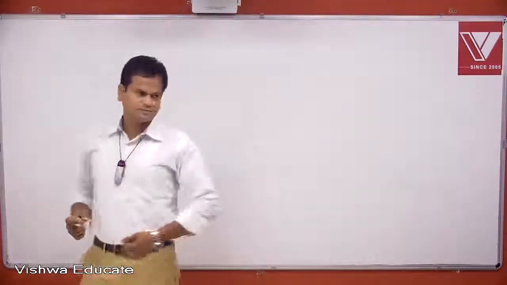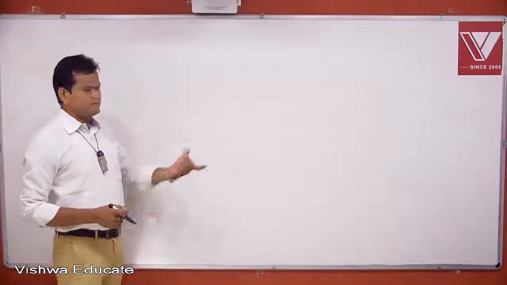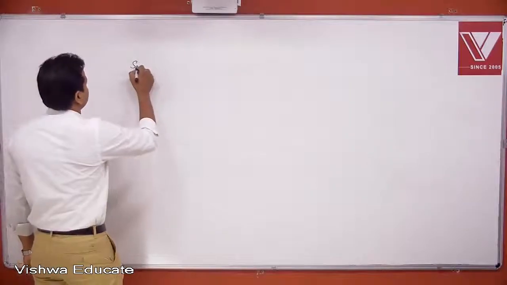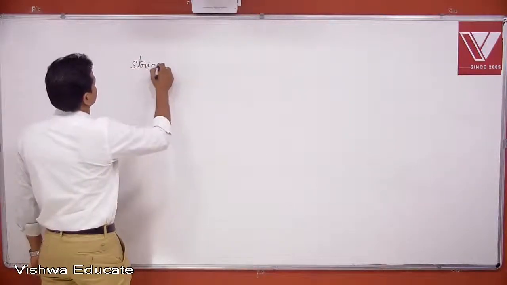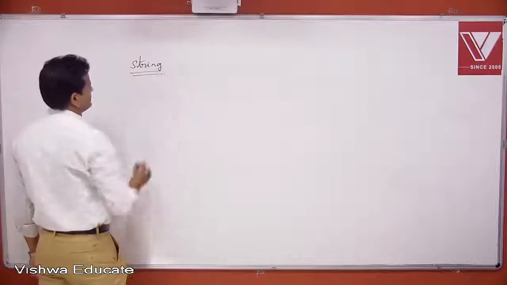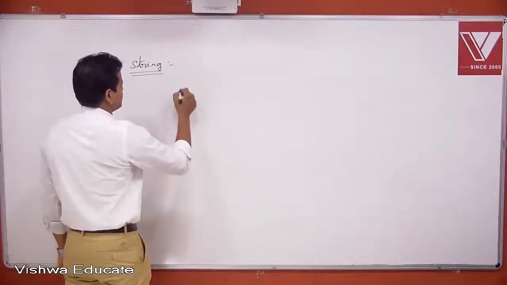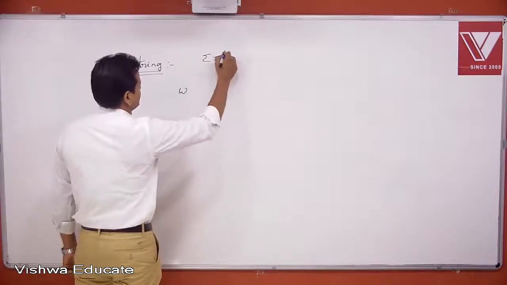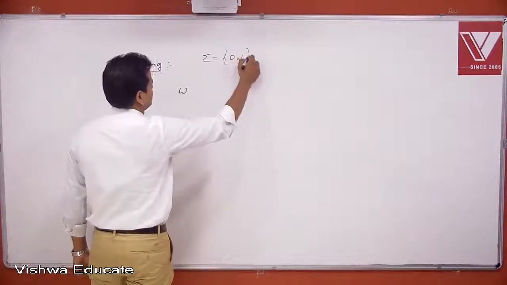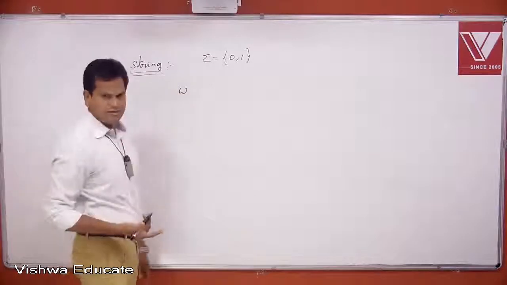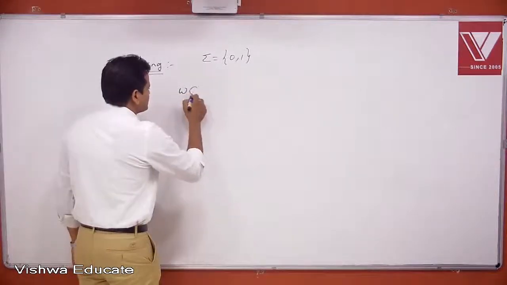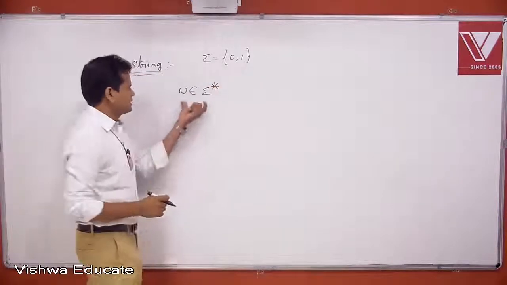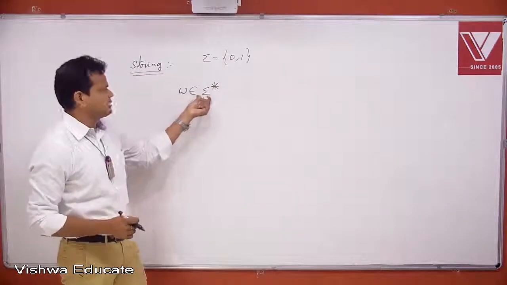Next, we have seen what is input alphabet. Now, what is a string? Generally, we represent the string with w. If sigma is the input alphabet, suppose 0 and 1, then a string w belongs to sigma star.